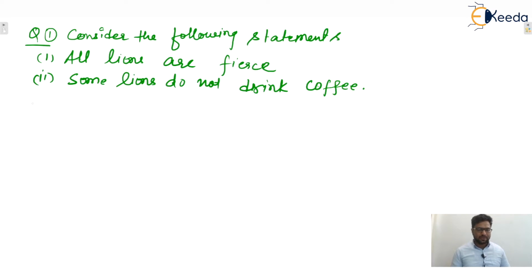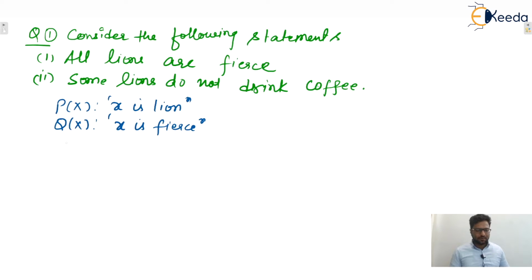So remember guys, these are important ones. It is also given that P(x) represents x is a lion, Q(x) represents x is fierce, and R(x) represents x drinks coffee.